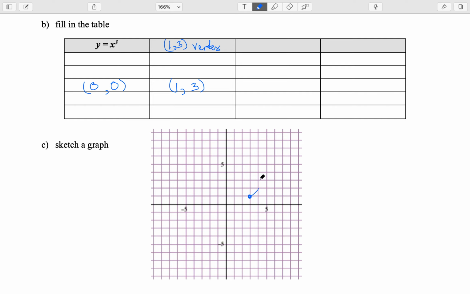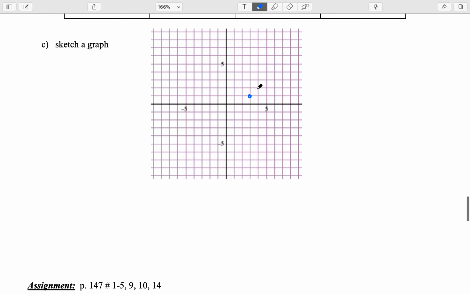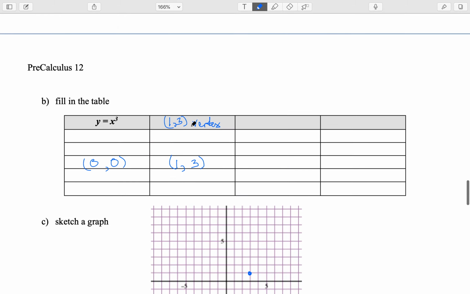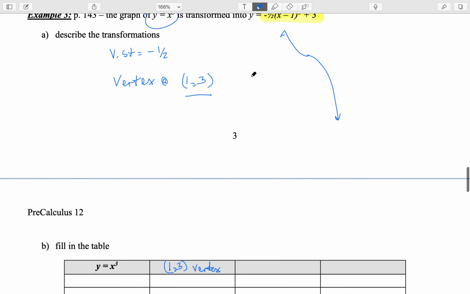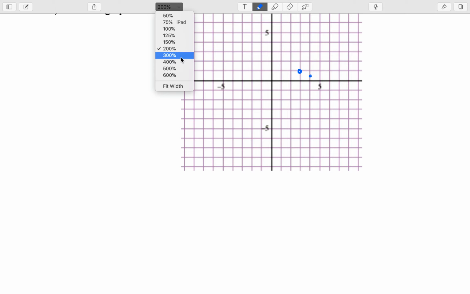There's my vertex. So normally it's going to be this kind of shape, right? Great. There's my vertex, just like a parabola. Over 1, up what? What's the stretch? The stretch is negative a half. Over 1, down a half. Right? Let's make this bigger. Can I go 3?